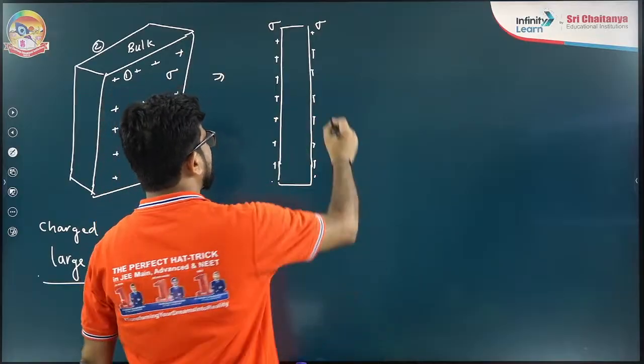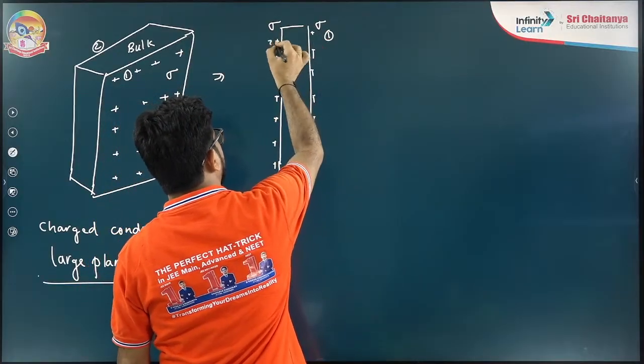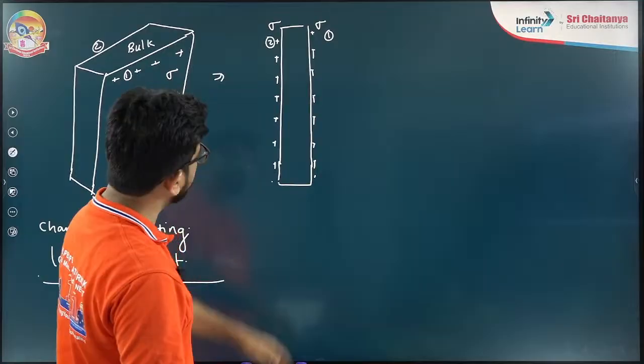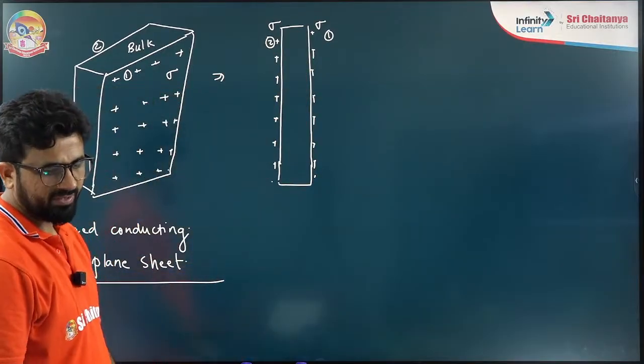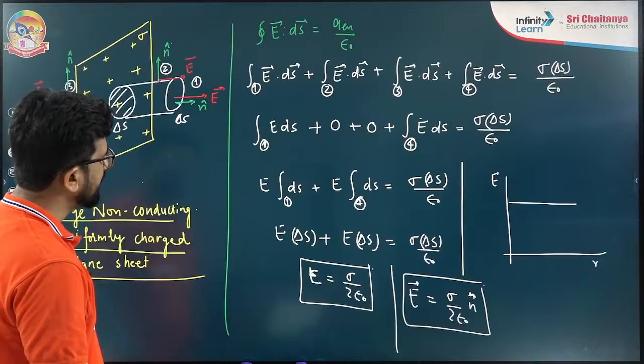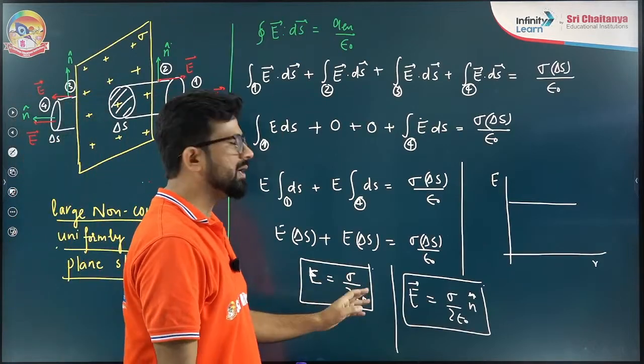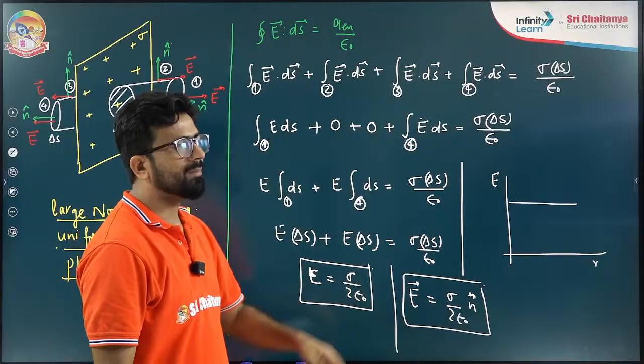Suppose this is surface 1 and this is surface 2. Due to surface 1, in the previous slide we have already calculated the field: sigma by 2 epsilon naught. Using the same concept, because it is positively charged, the field due to 1 is E1, with value sigma by 2 epsilon naught.